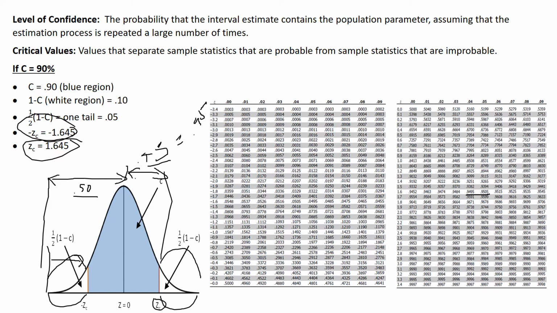Let's see if we can find 0.05 in the table here. It would be right between 0.0505 and 0.0495, which is negative 1.645. And that's where we get that.